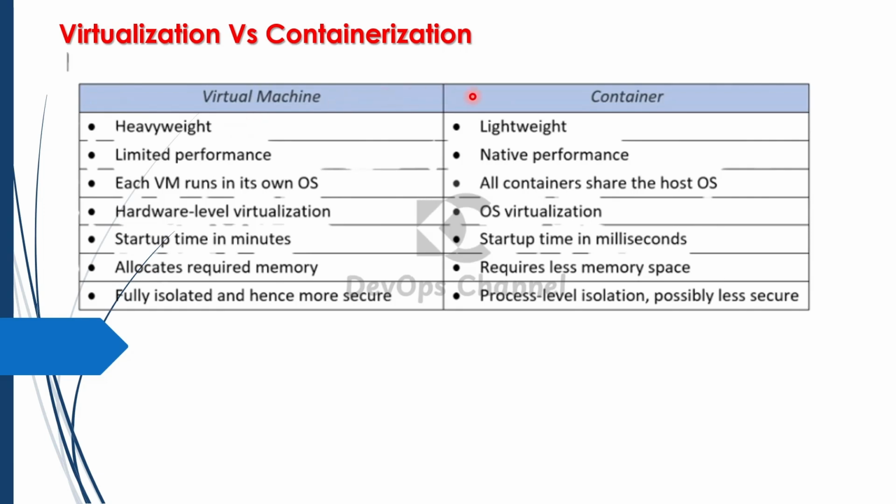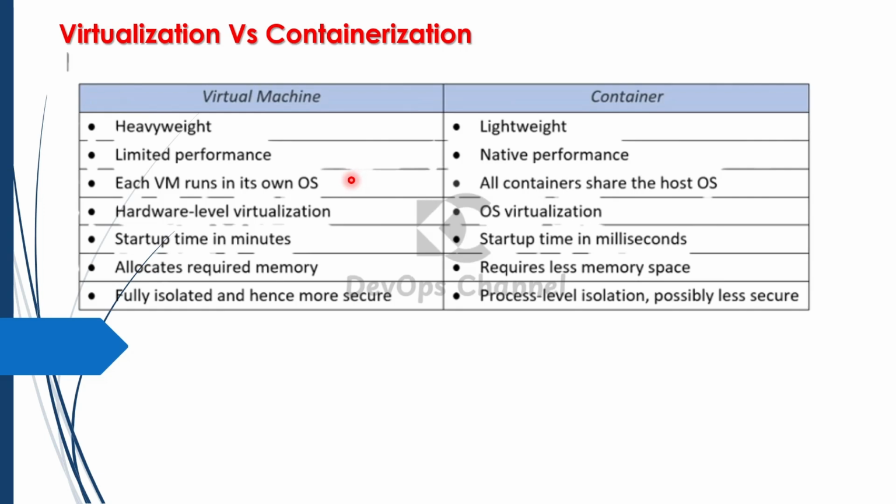While the container is lightweight, they are just megabytes of code written for the app and they start in a few seconds. Now virtualization has limited performance. Whatever resources you give while creating the VM, it can run only up to that. While the container is not limited to that, whatever the application needs, it will run.